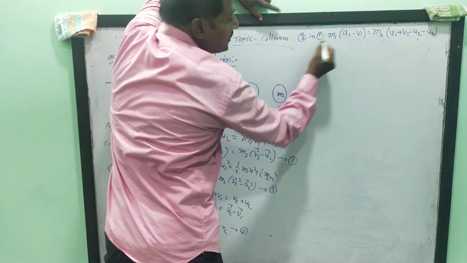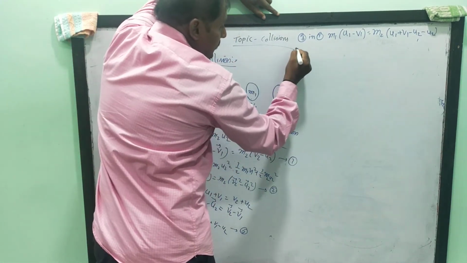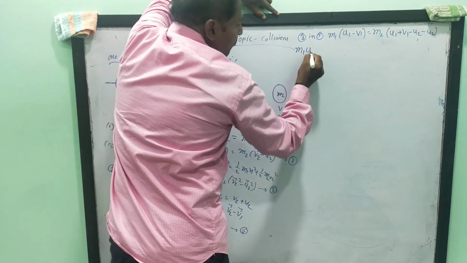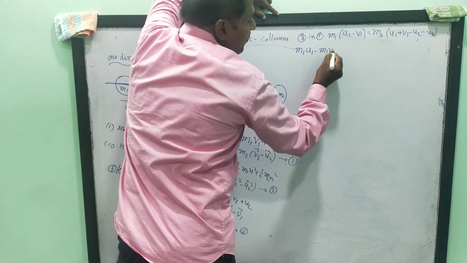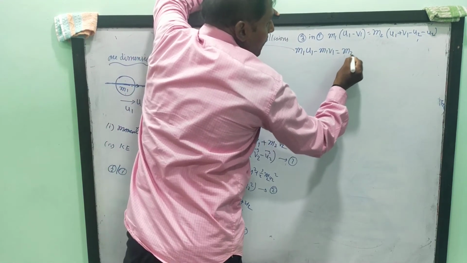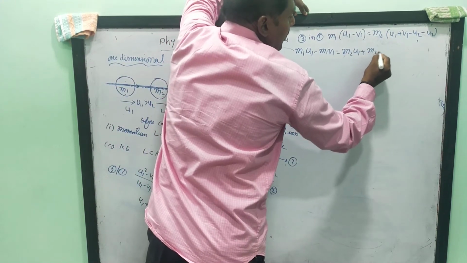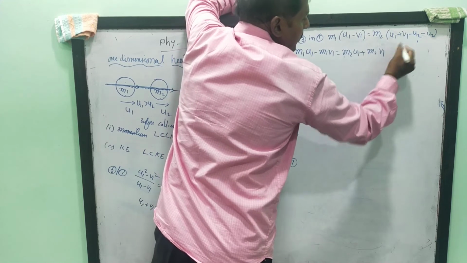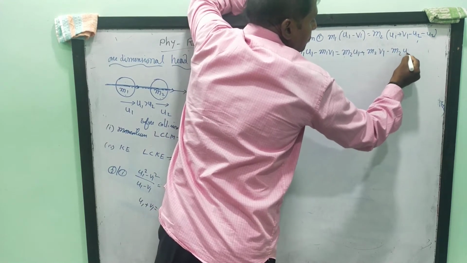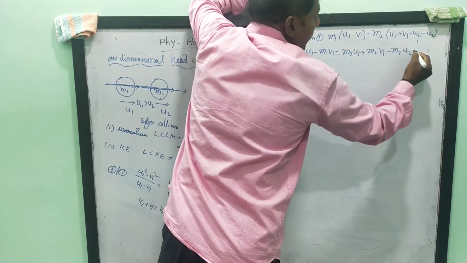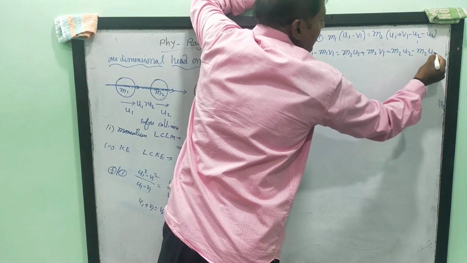So from this expression, simply we can write as m1u1 minus m1v1 is equal to m2u1 plus m2v1 minus m2u2 and also minus m2u2.